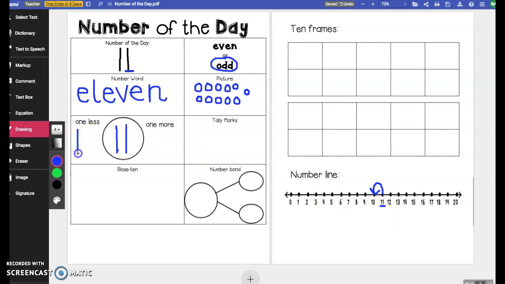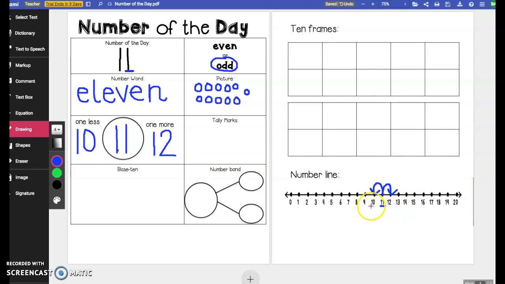So 10 comes before, and it is 1 less. Then what number would come after 11? For counting, we'd say 10, 11, 12. And 12, remember, we write 1, 2 for 12.